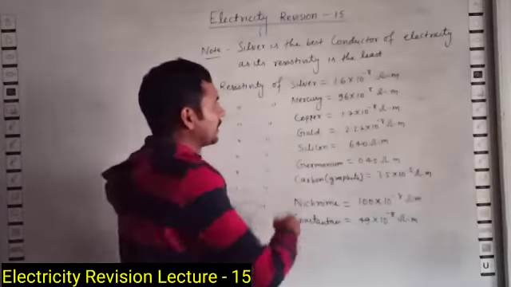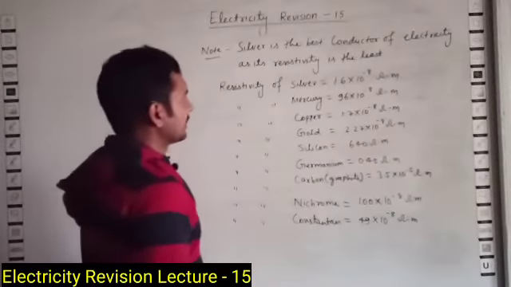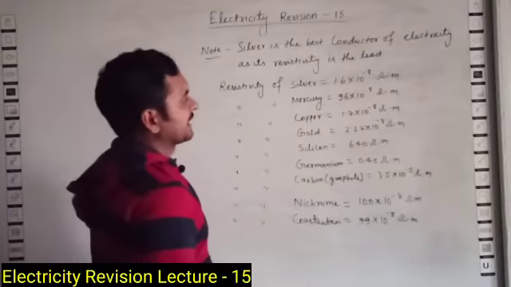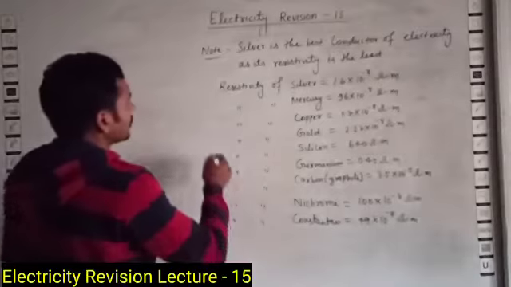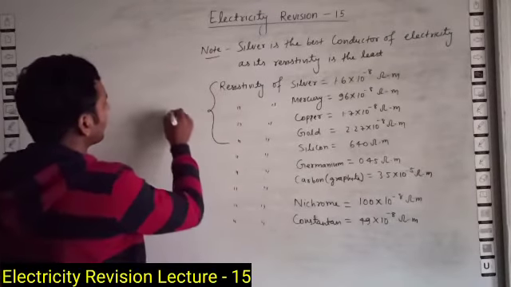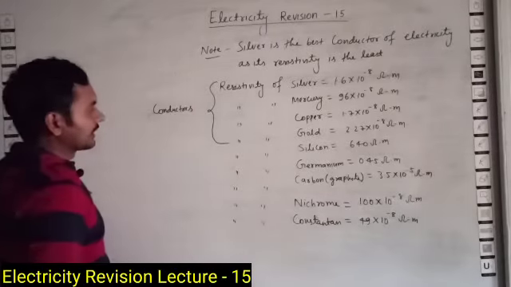Resistivity of copper is 1.7 into 10 to the power minus 8 ohm meter. Resistivity of gold is 2.27 into 10 to the power minus 8 ohm meter. These first four are conductors.